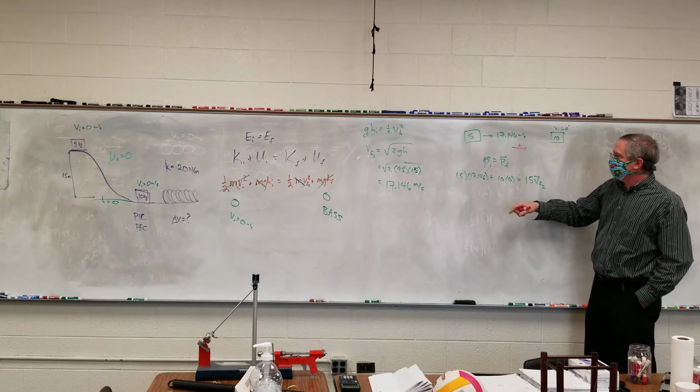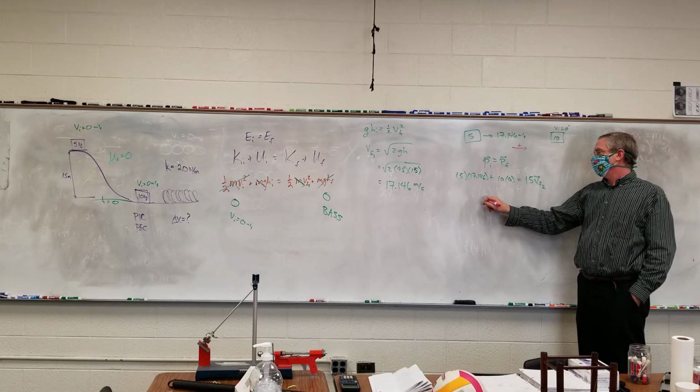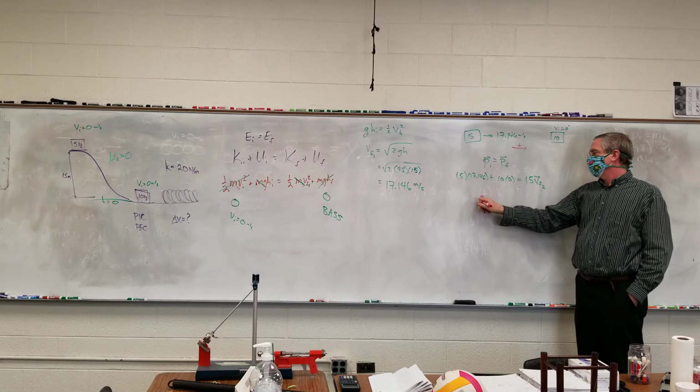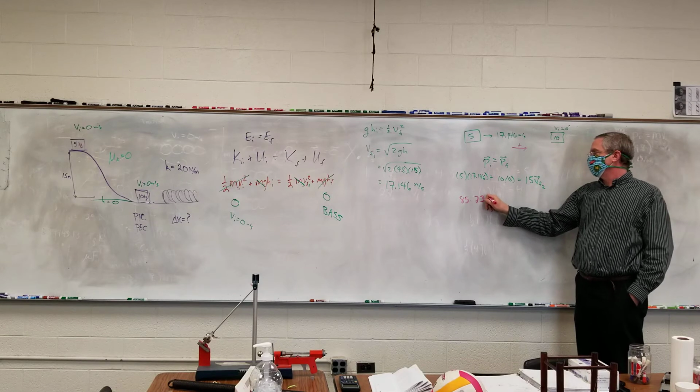All right, so I have 5 times 17.146, which is 85.732.